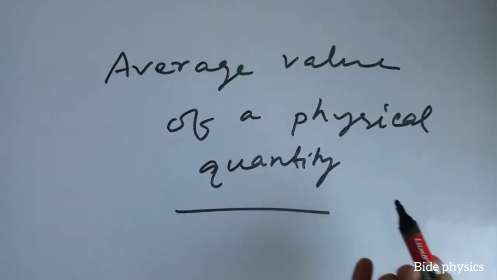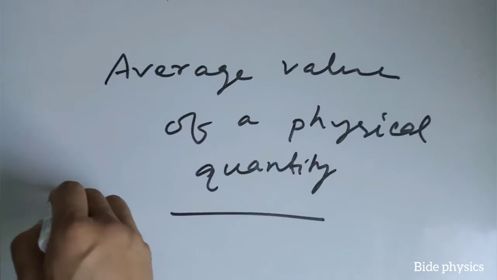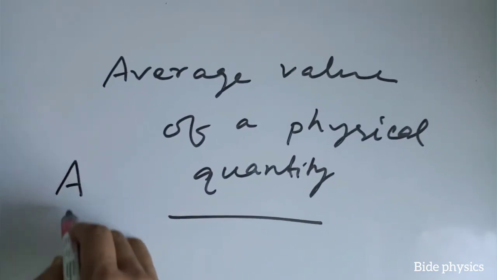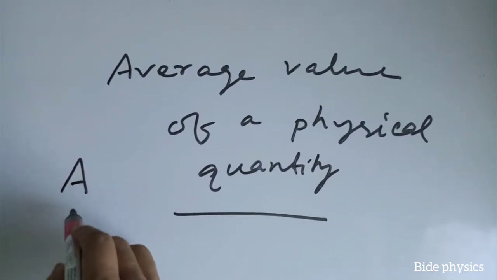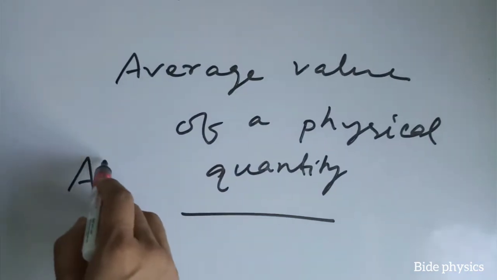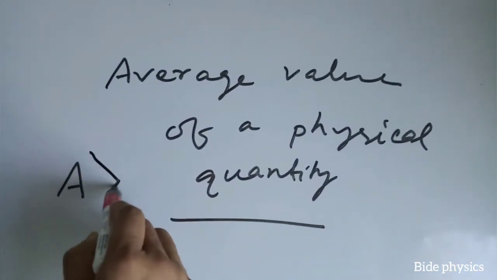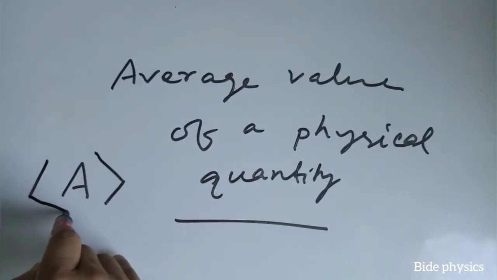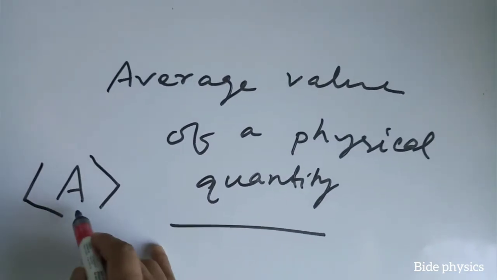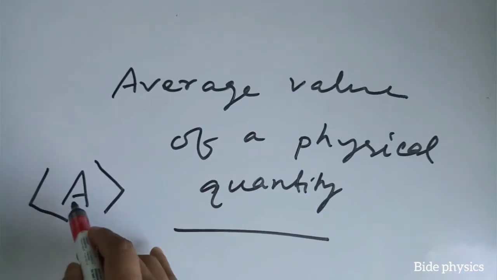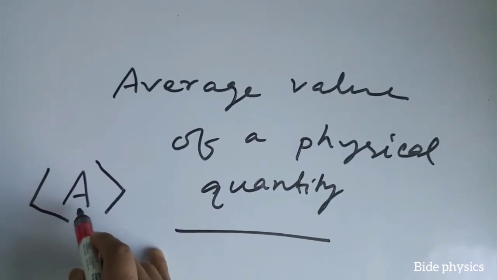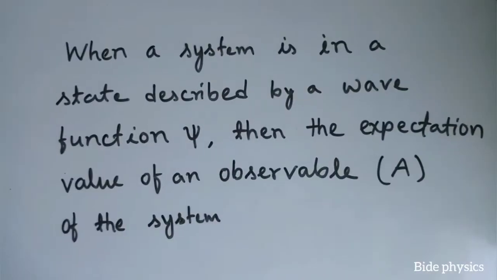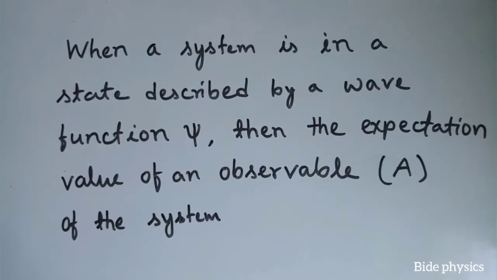Suppose I have an observable A. This is my observable, then its expectation value in quantum mechanics is denoted in this way. Within this symbol you have to write the required observable symbol.